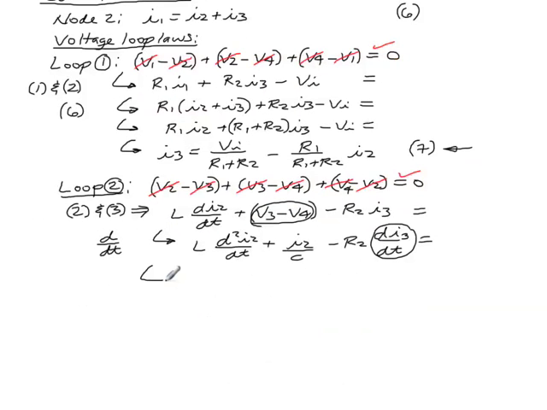So if I now substitute in intermediate equation 7, I get L, second derivative of I2 with respect to time, plus I2 divided by the capacitance there of C, minus R2 di3 dt. That's the time derivative of our input, divided by R1 plus R2.